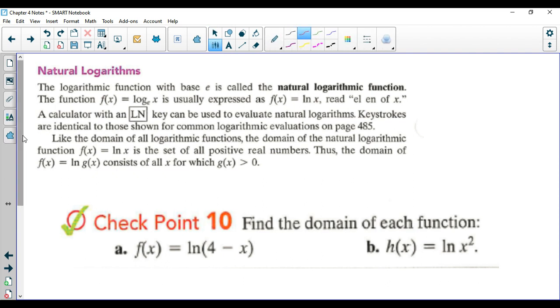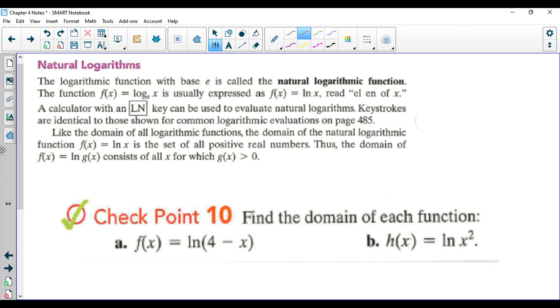And then the last little thing is the natural log. A log function with a base of e is called the natural log. The function log base e, remember e is that thing in PERT, e to the rt, is usually written as ln of x.